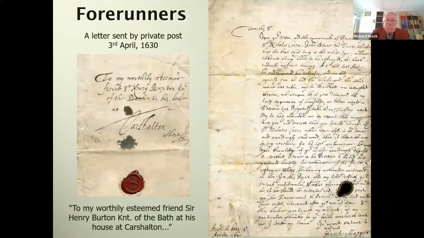Looking then at a forerunner, before there were general posts. This was sent from Carshalton to Carshalton on the 3rd of April 1630 to Sir Henry Burton, Knight of the Bath, at his house in Carshalton.